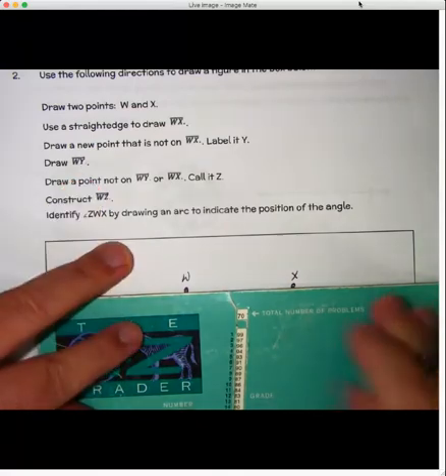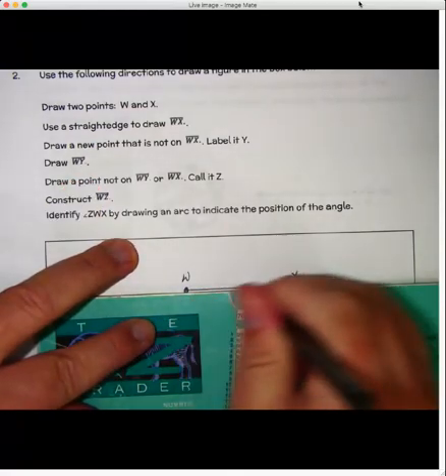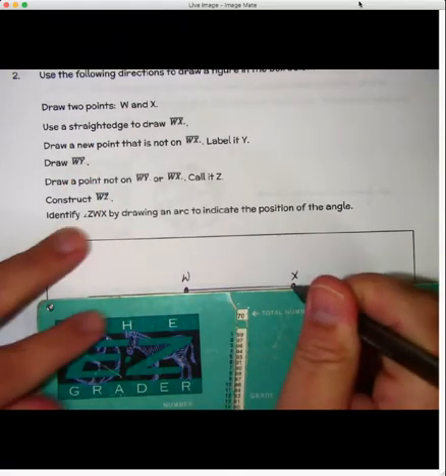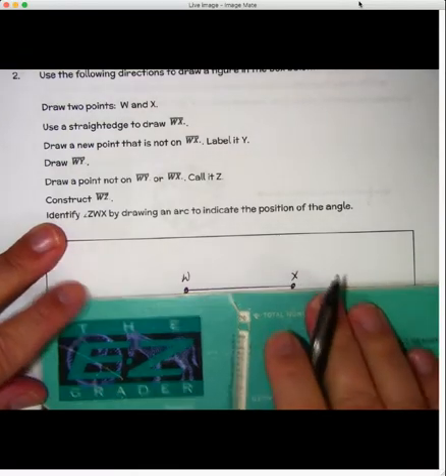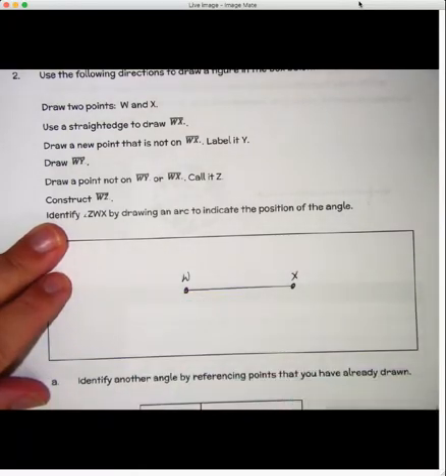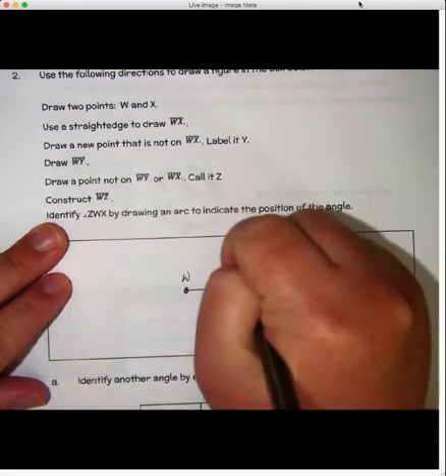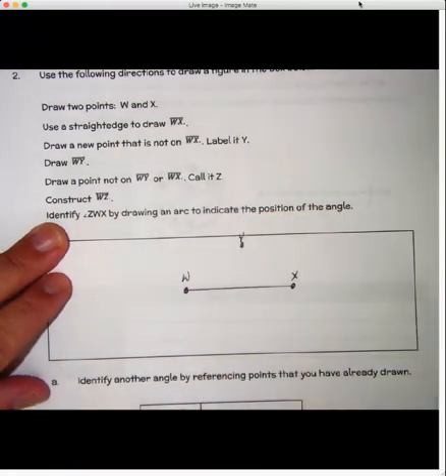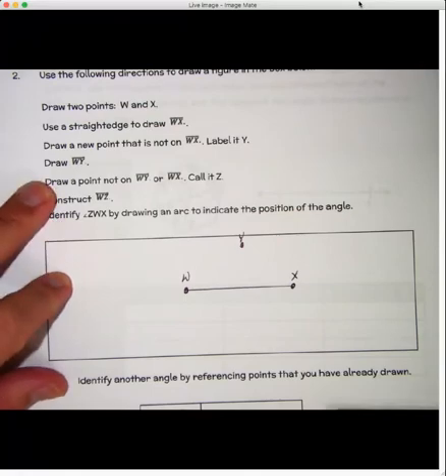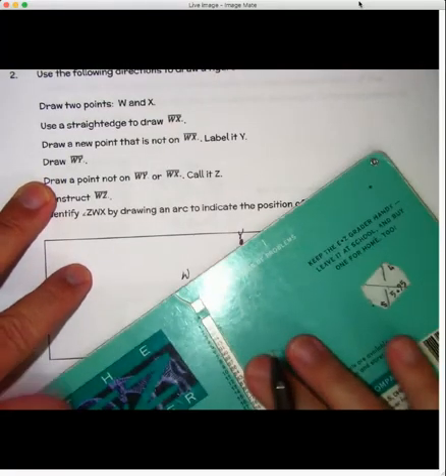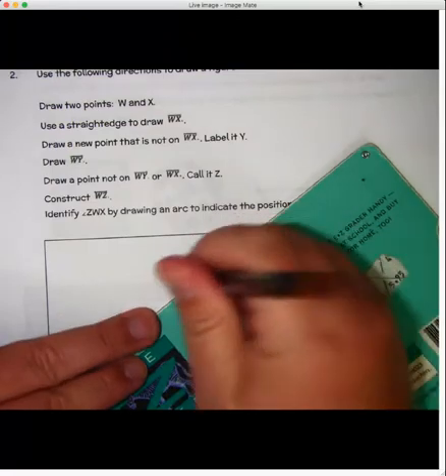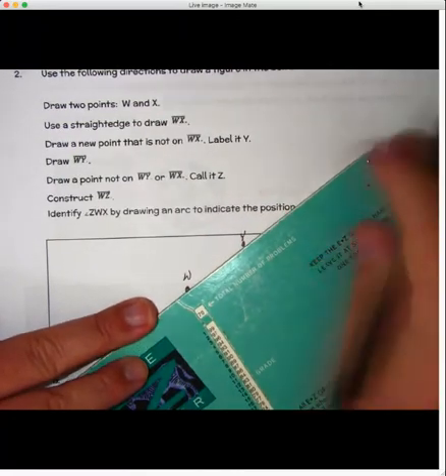Here we go. Okay. Draw a new point that is not on WX, label it Y. Hang on. Let's put it right above it in the middle. How about that? See what kind of picture we come up with this time. Draw WY. Okay. Got to draw a line segment from W to Y, stopping at the end.